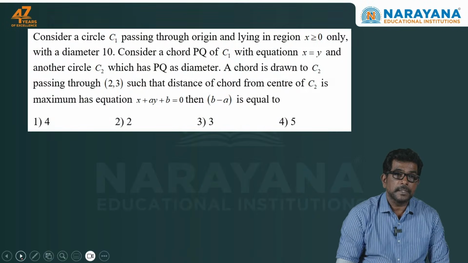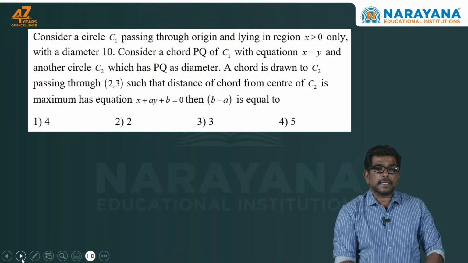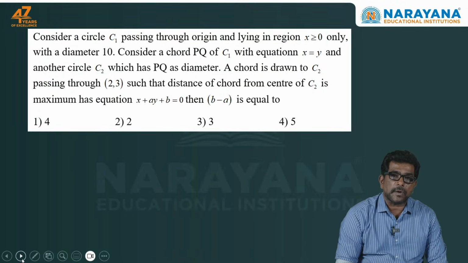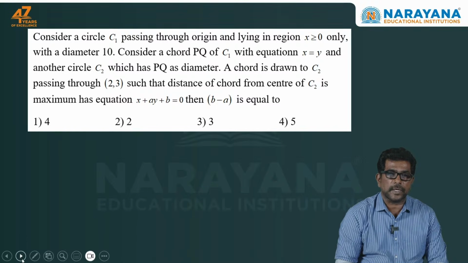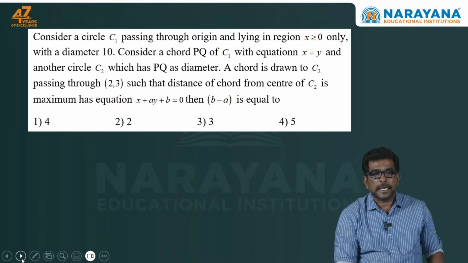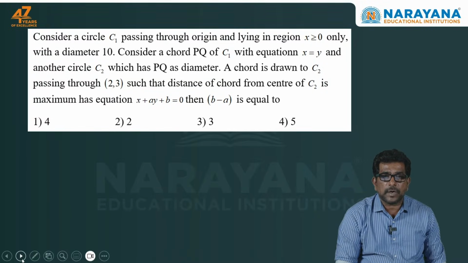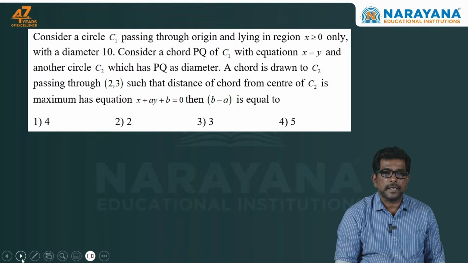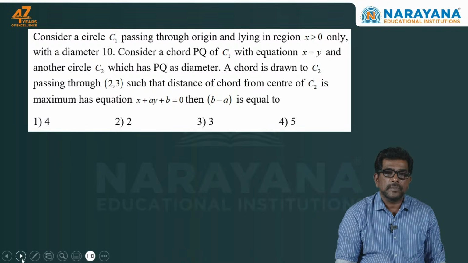Next problem is: consider a circle C1 passing through the origin and lying in the region x greater than or equal to 0 only, with a diameter 10. Consider a chord PQ of C1 with equation x is equal to y, and another circle C2 which has PQ as diameter.